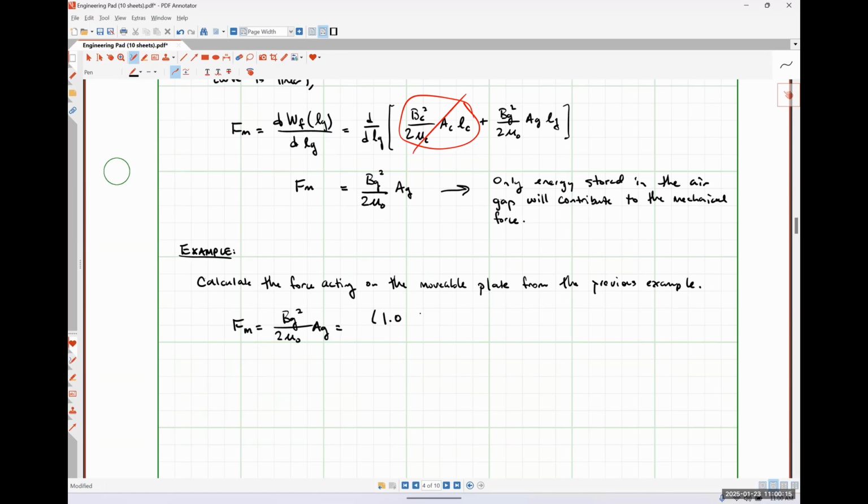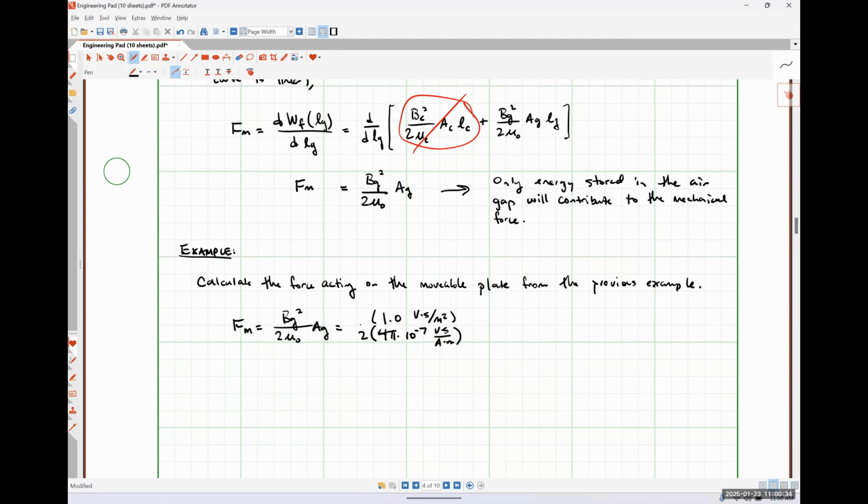So this was 1 Tesla, so 1 volt second per meter squared, over 2 times 4 pi times 10 to the minus 7 volt seconds per amp meter.